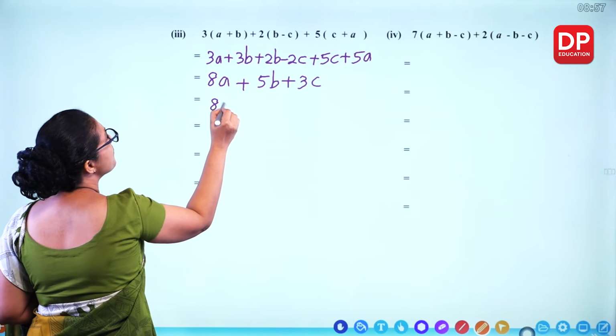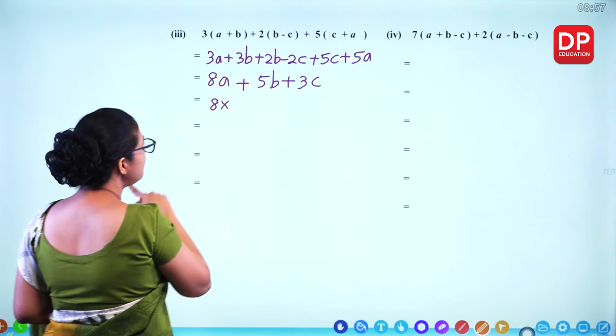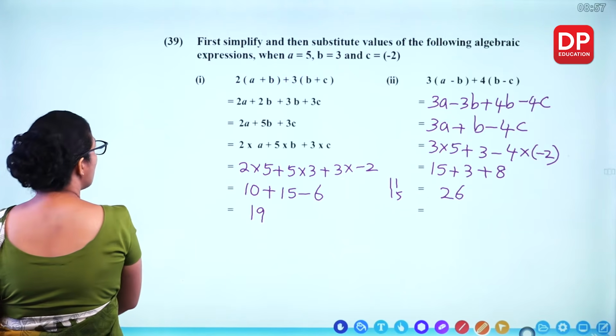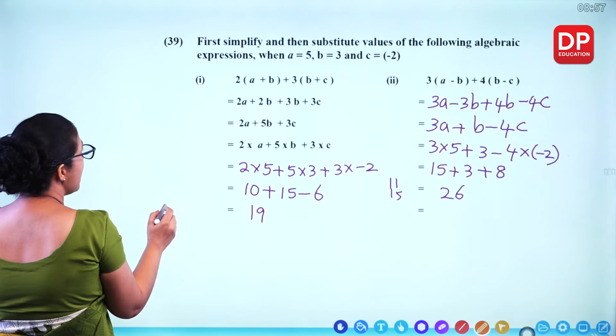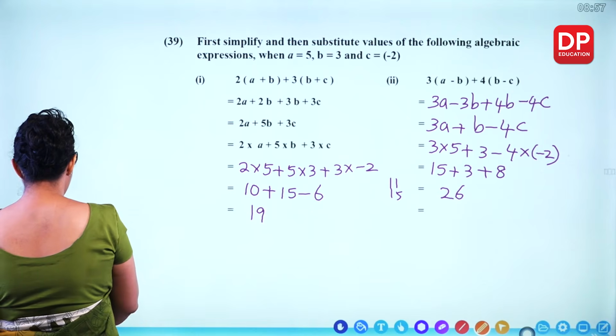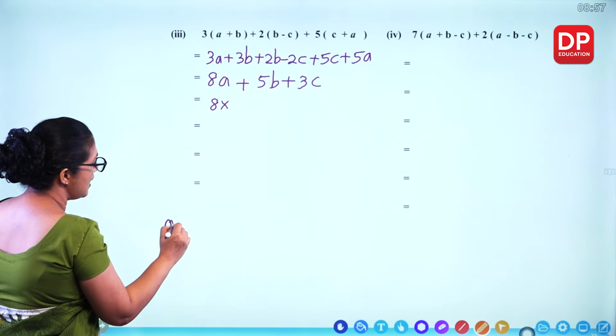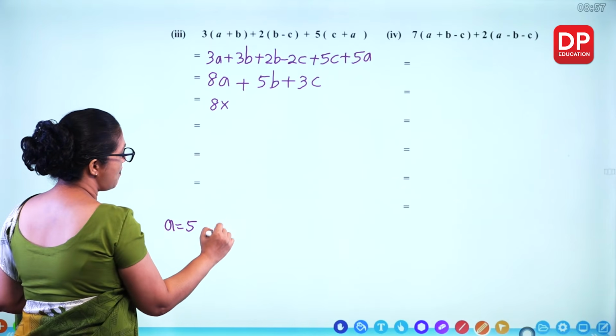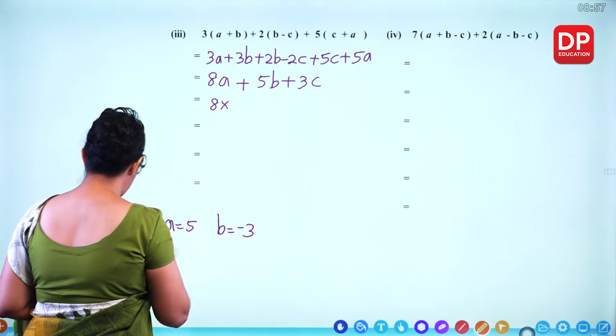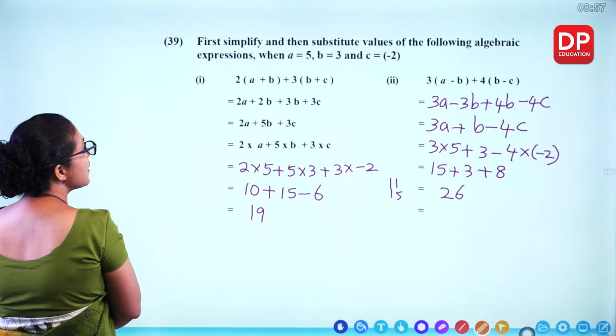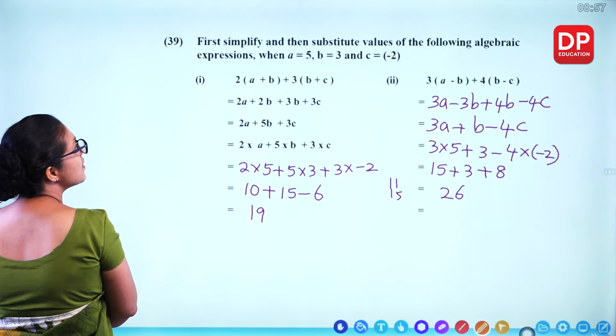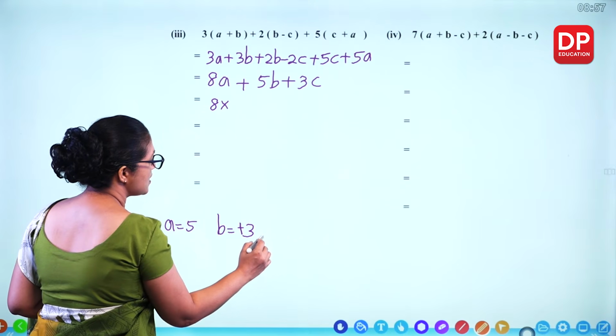Now multiply. 8 times a. What's the value for a? A 5, b 3, c minus 2. I'll write down here. A equals 5, b equals 3 and c equals minus 2.